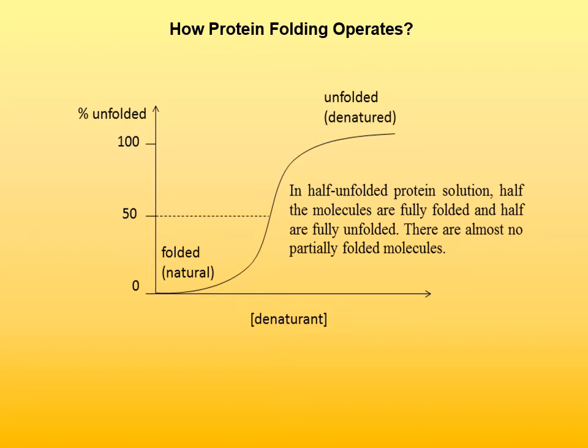That's an indication that protein folding is an all or nothing process, because 50% unfolded doesn't mean that an individual protein chain is half unfolded and half folded. No, it's either completely folded, 100% folded, or completely unfolded. So when we talk about percent unfolded, that's how many chains are completely unfolded.